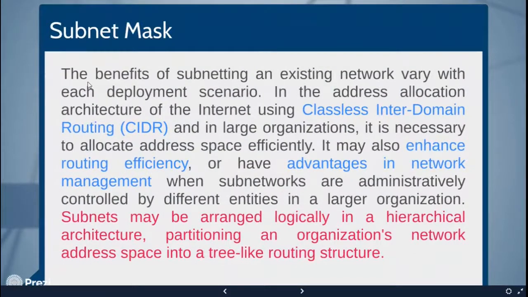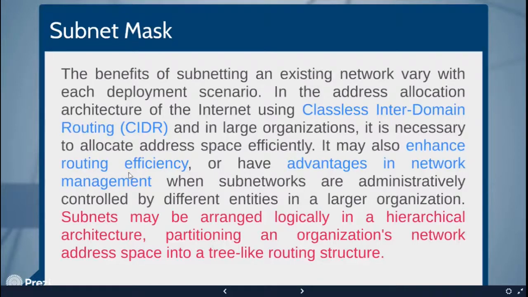Okay, so benefits of subnetting on existing networks vary with each deployment scenario. In the address allocation architecture of the internet, using classless inter-domain routing or CIDR in large organizations, it is necessary to allocate address space efficiently.